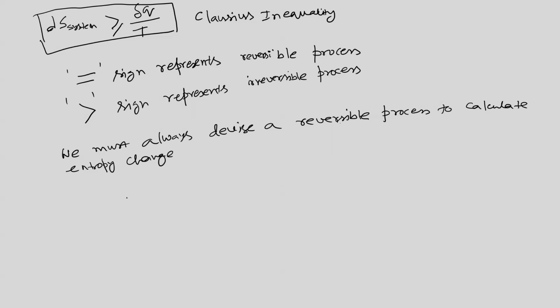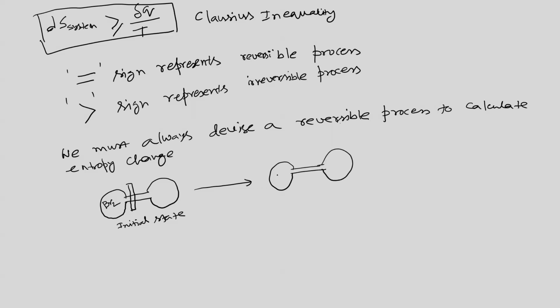For example, we have a system which contains two bulbs like this, and we have bromine gas here, and this is vacuum, there is no gas here. This is our initial state. When you open the stopcock, the gas will spread, and we get the final state like this, with bromine gas here and here.